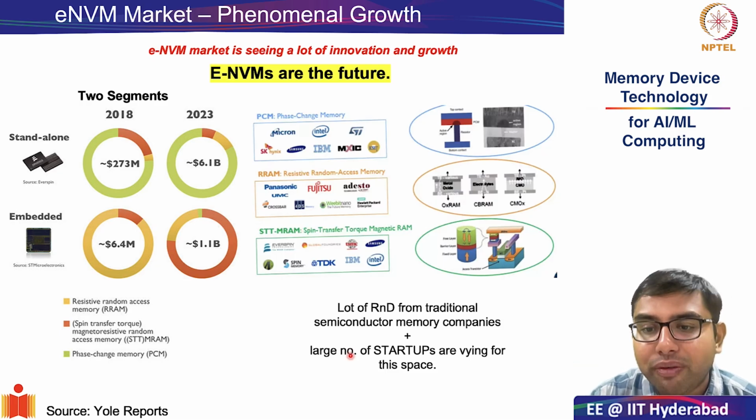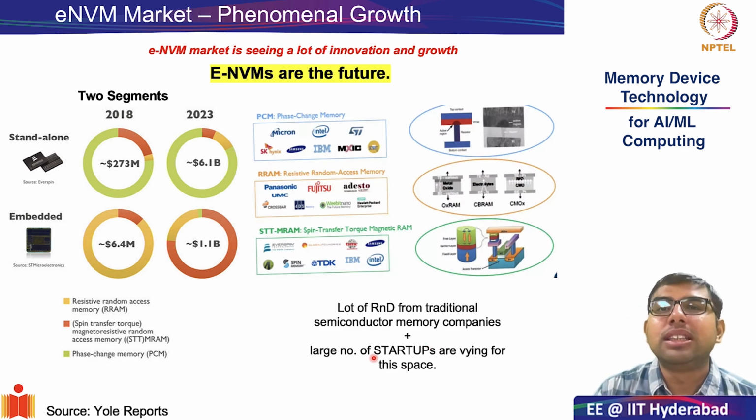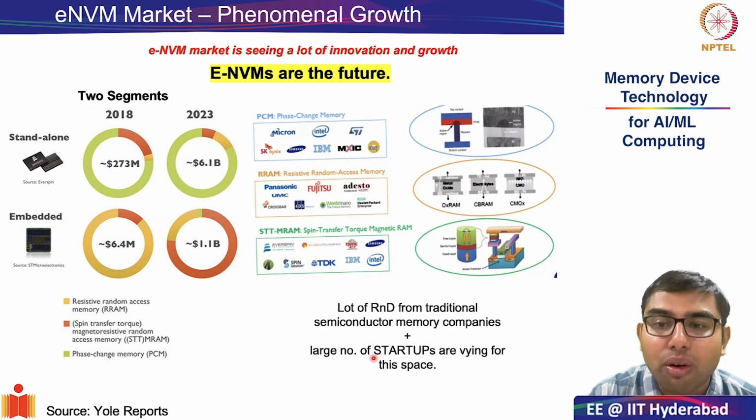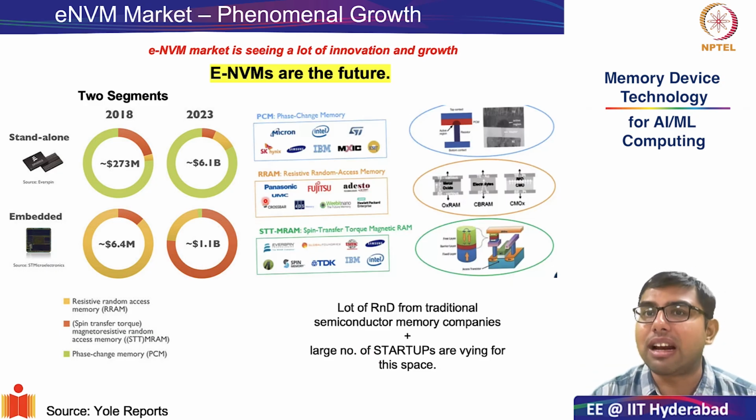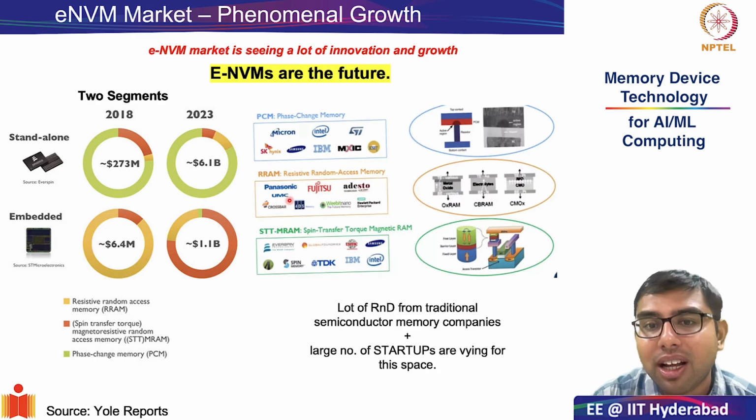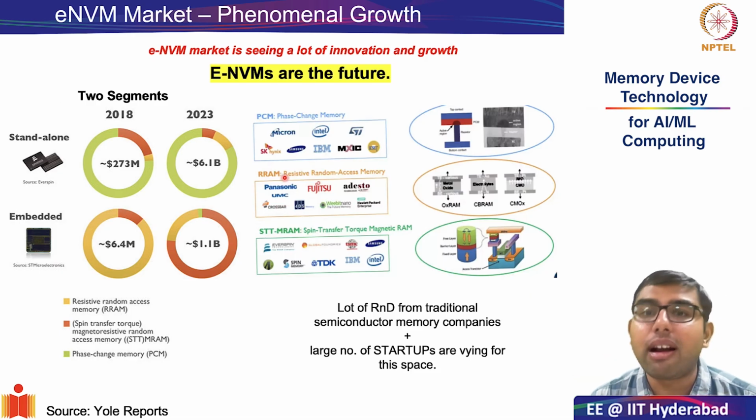But also very interesting is a lot of startups that are vying for this space, and it is very interesting to know the story of two such startups. First is Crossbar, which is looking primarily at RRAM technology.